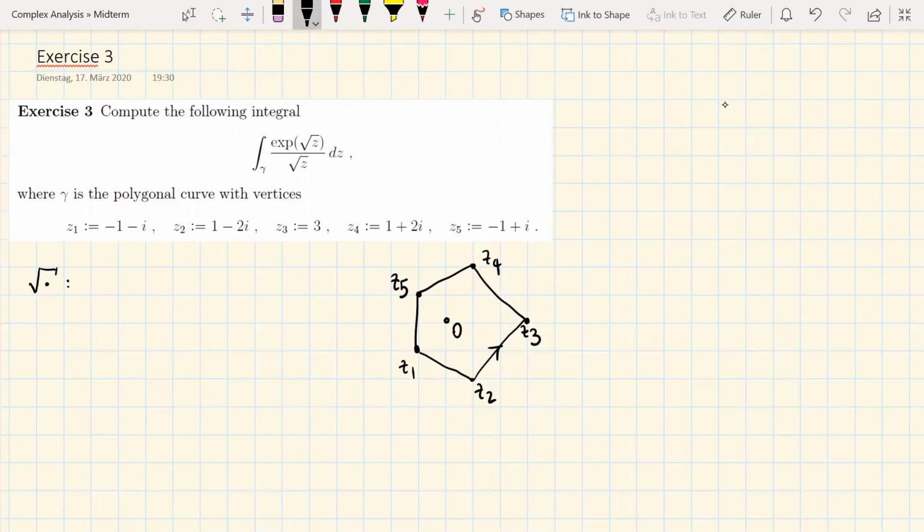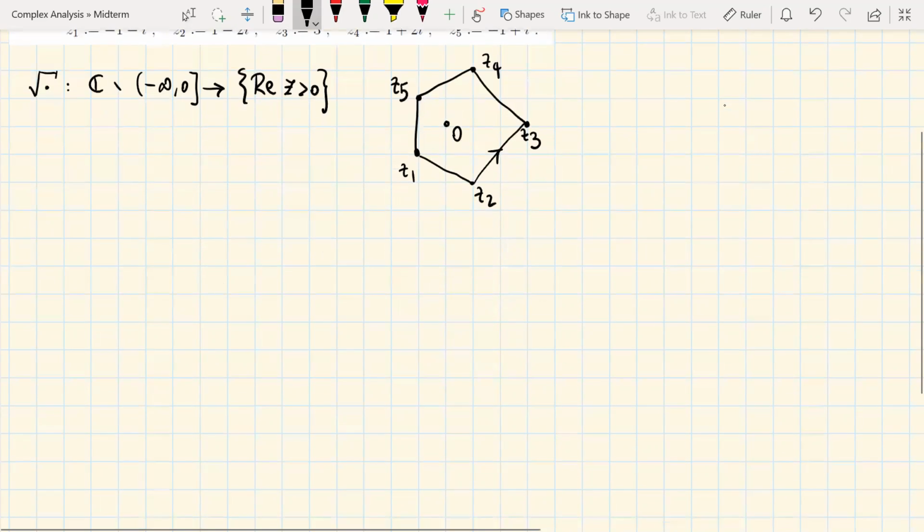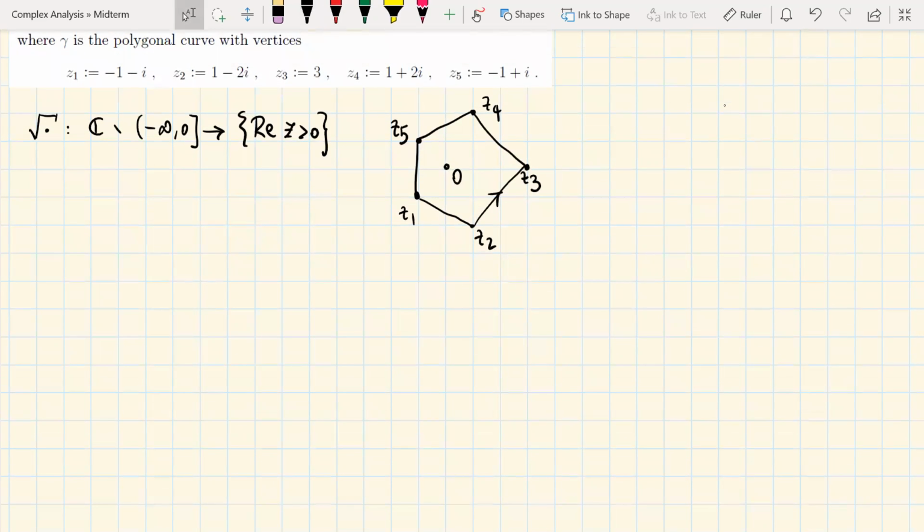So this is a function that goes from C minus the negative real axis and goes to the numbers with positive real part. And what happens when we act with this function?